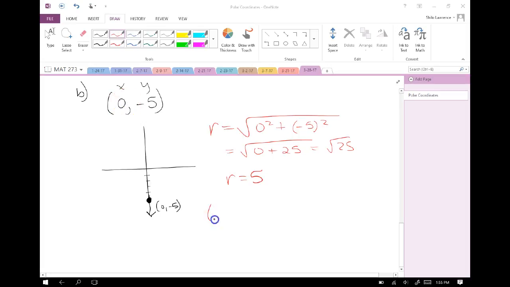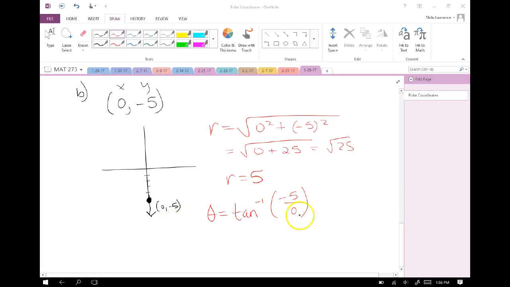Now, when you set up your theta equation, remember theta is tan inverse of the y over the x. If you try to do that, your calculator is probably going to tell you an error, because we've got -5 divided by 0, which we're not allowed to do. So we just need to remember the negative y-axis is what angle?